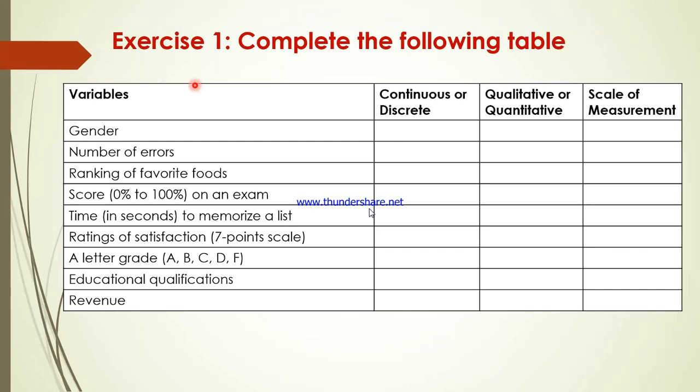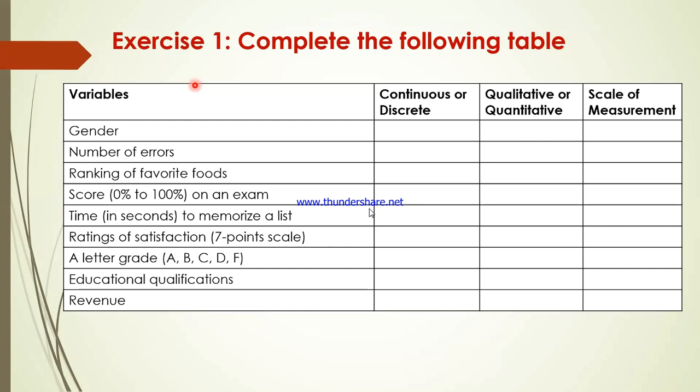Whether it's continuous or discrete, you look at how those variables are measured. Is any value within an interval possible, or are only the categories, individual values, possible? Based on that, you can decide whether it is continuous or discrete. Then whether it is qualitative or quantitative, you look at the measures, whether they are non-numerical or numerical values.